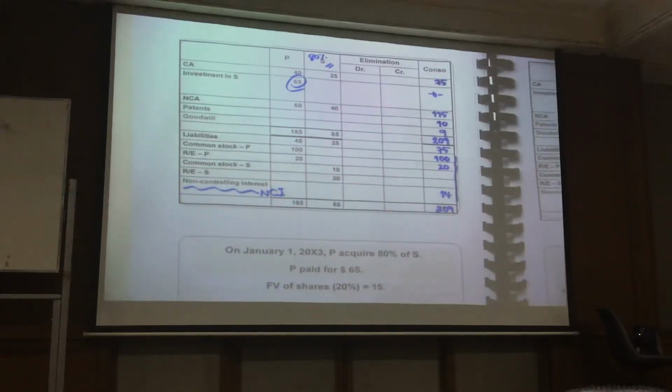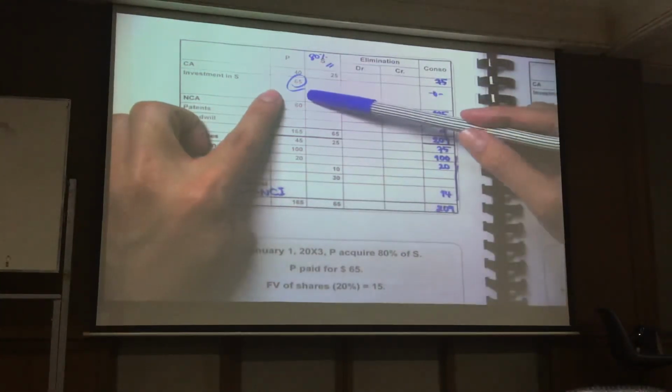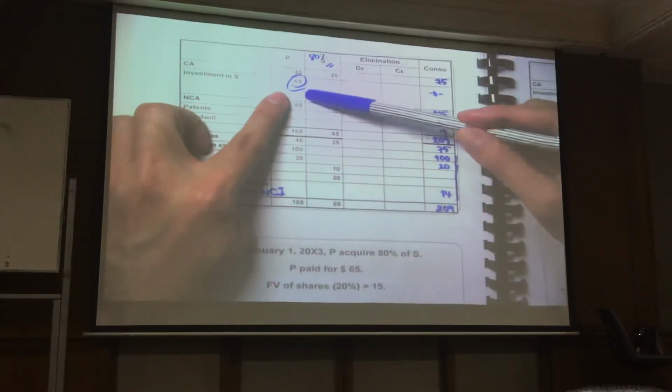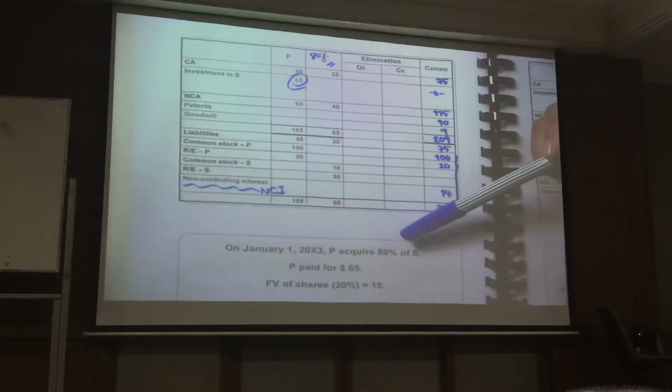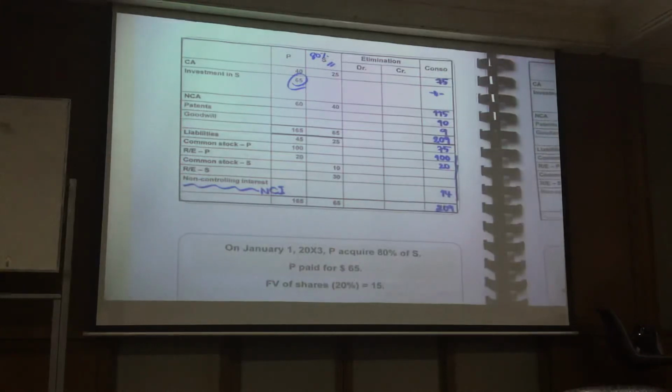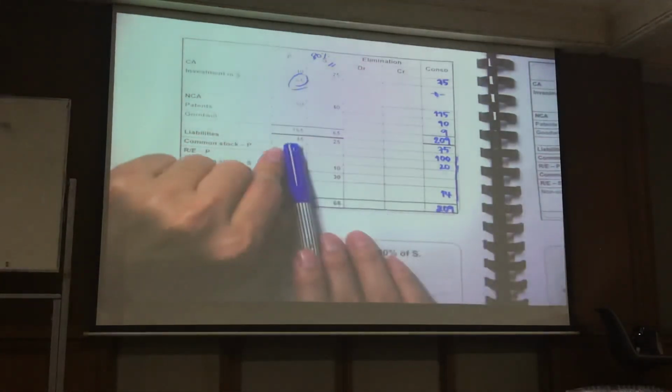Clear for that? Try again. You got investment, 65. This investment represents share of net asset of subsidiary. When they represent net asset of subsidiary, once you do consolidation, you take asset in, liability in.